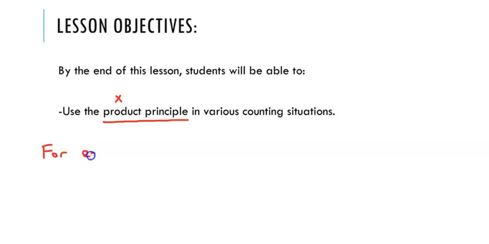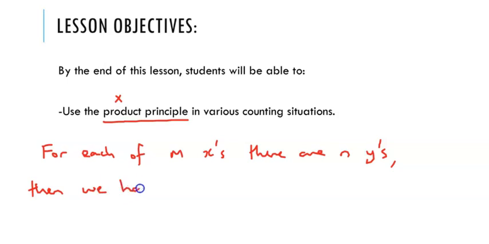For each of, I don't know, let's say m x's, there are n y's, then we have m times n x, y combinations. That's how I would describe the product principle.